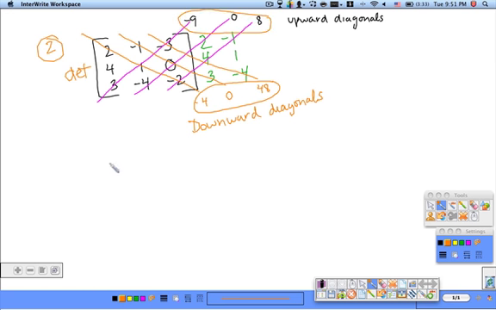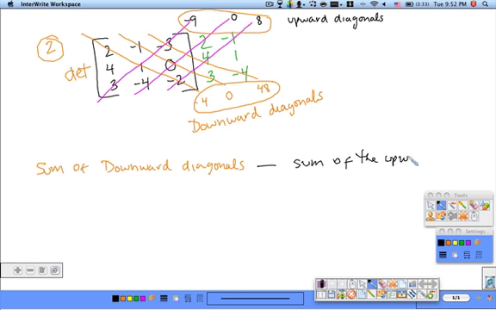The last step, we take our downward, I should say this, the sum of the downward diagonals minus the sum of the upward diagonals.